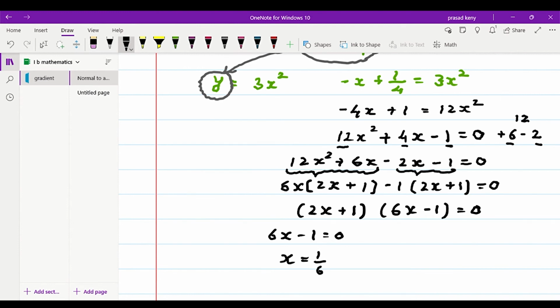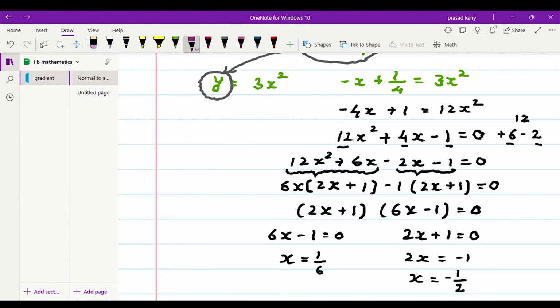So the other point Q, I will get by equating the second factor to 0. So 2x is equal to negative 1, so x is equal to negative 1 upon 2. I wish this part is clear to you.